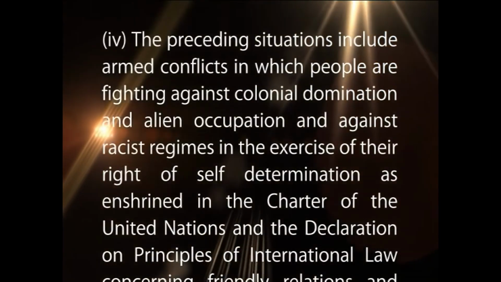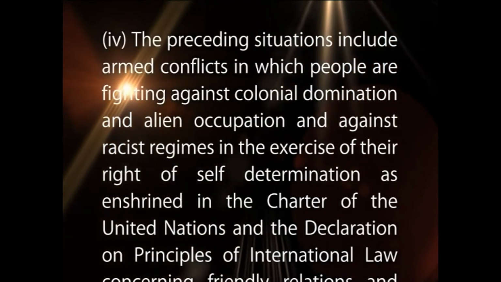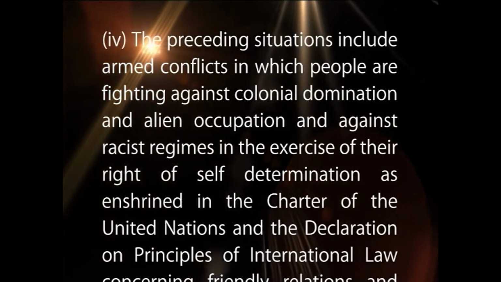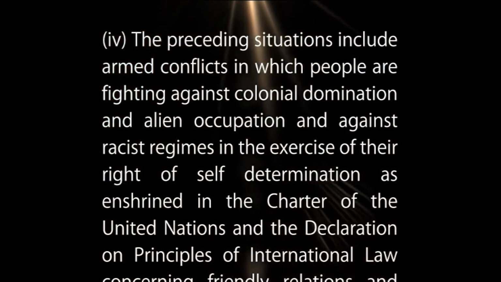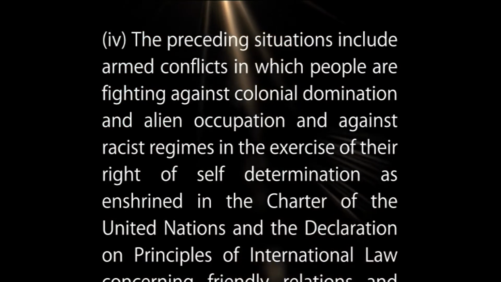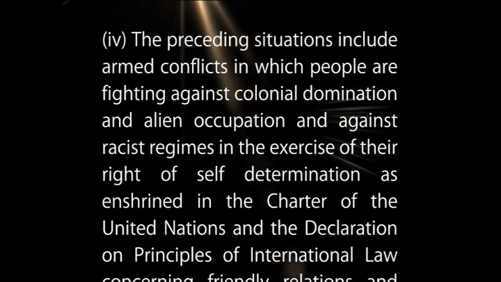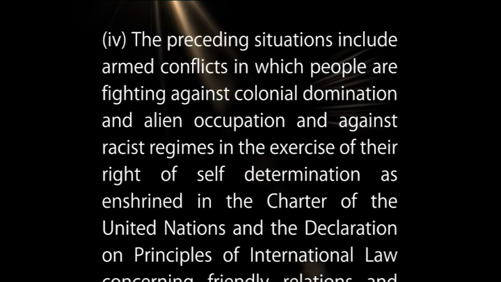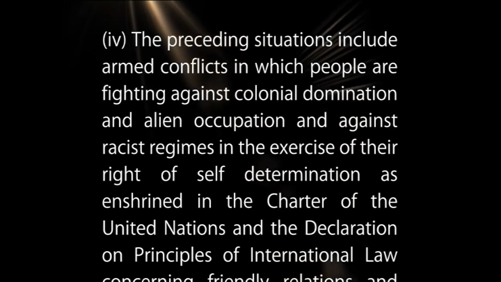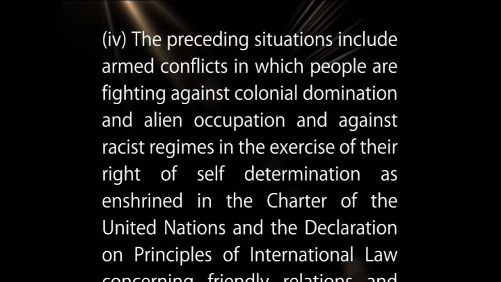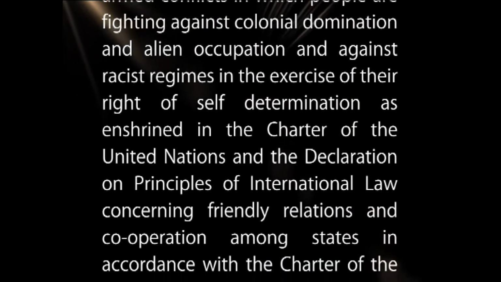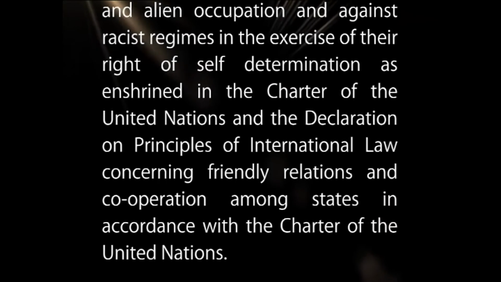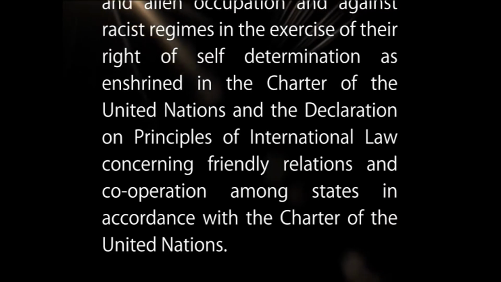The preceding situations include armed conflicts in which people are fighting against colonial domination and alien occupation and against racist regimes in the exercise of their right of self-determination as enshrined in the Charter of the United Nations and the Declaration on Principles of International Law concerning friendly relations and cooperation among states in accordance with the Charter of the United Nations.